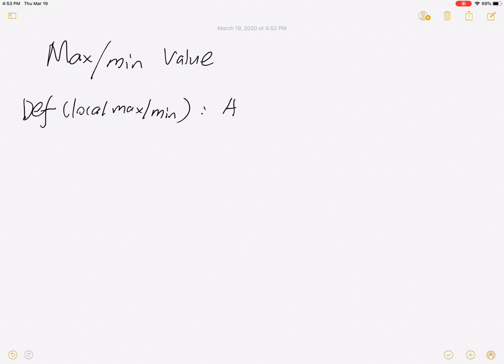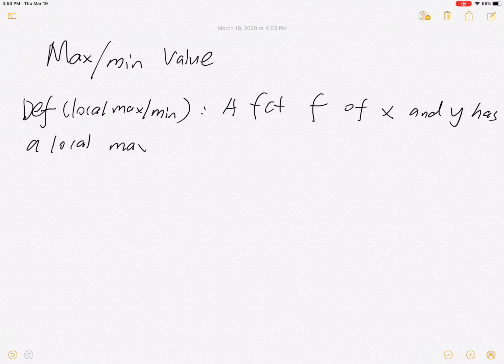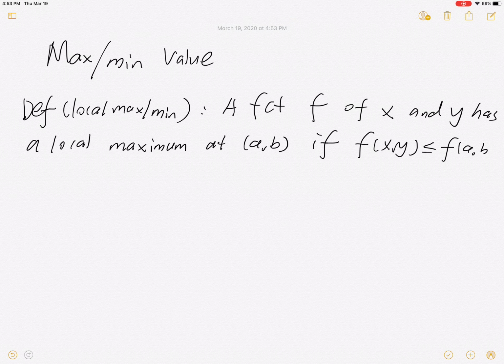Suppose a function f of x and y has a local maximum at (a, b) if f(x, y) is less than or equal to f(a, b) when the point (x, y) is near (a, b).